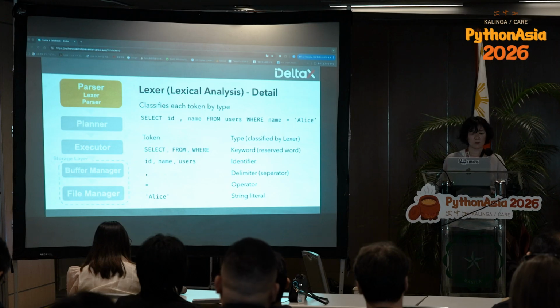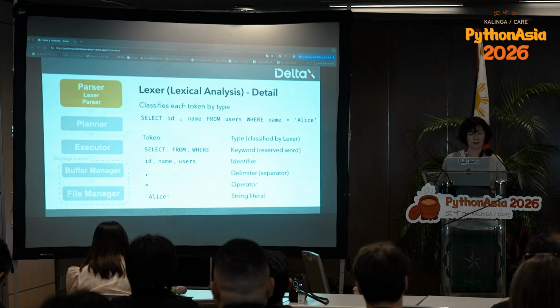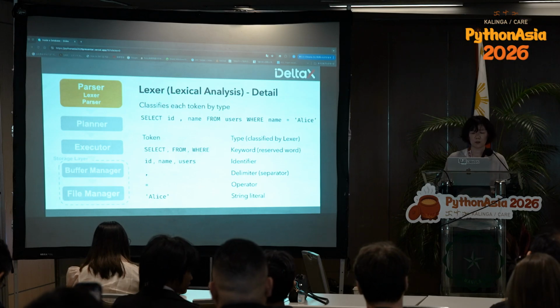The lexer also classifies each token by type: keywords like select and from, identifiers like table and column names, delimiters, operators, and string literals. It's like how we classify words in natural language: nouns, verbs, adjectives.